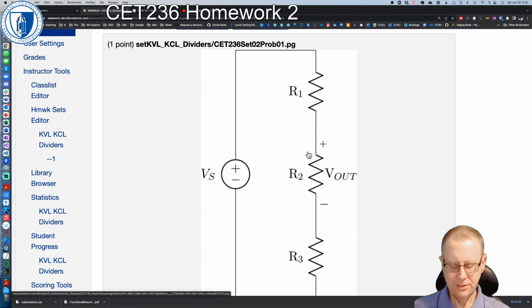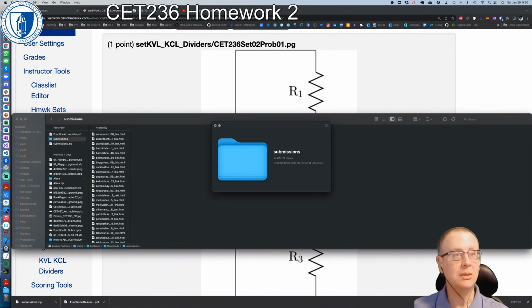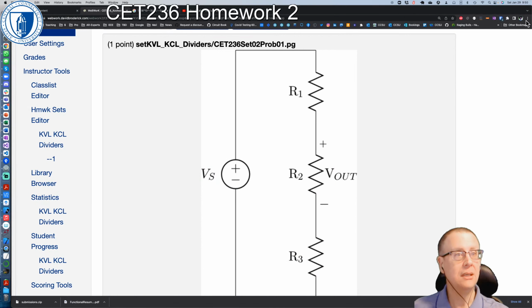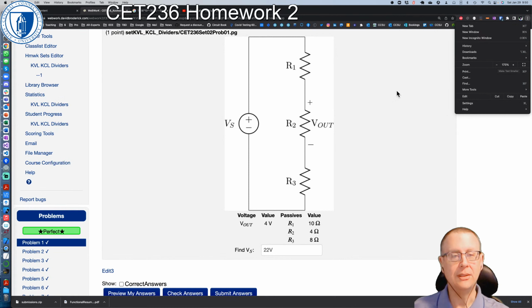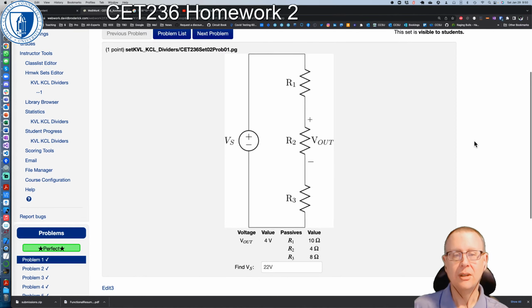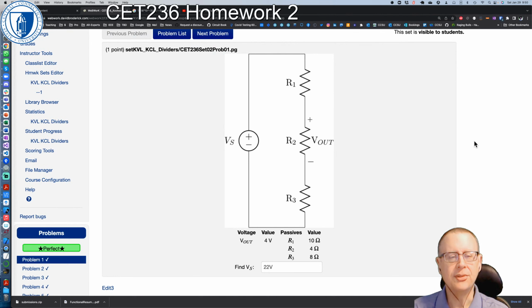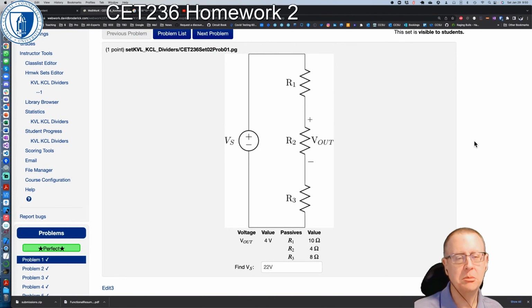So I might need to reduce the zoom on my screen so we can see what's happening. There we go. Right, so here we've got a voltage source and 3 resistors. The values of the resistors are given in the table below, as is the voltage source.